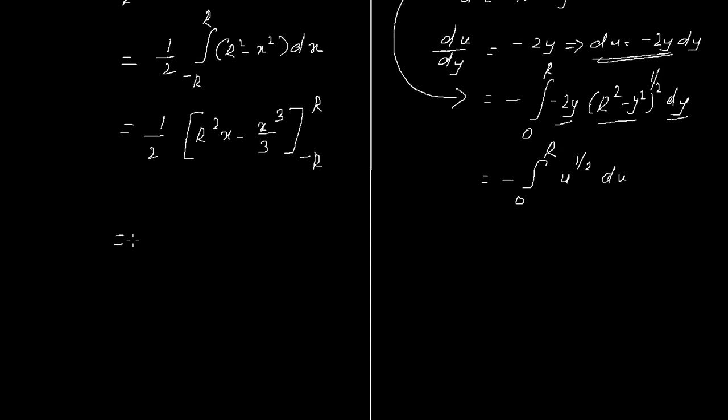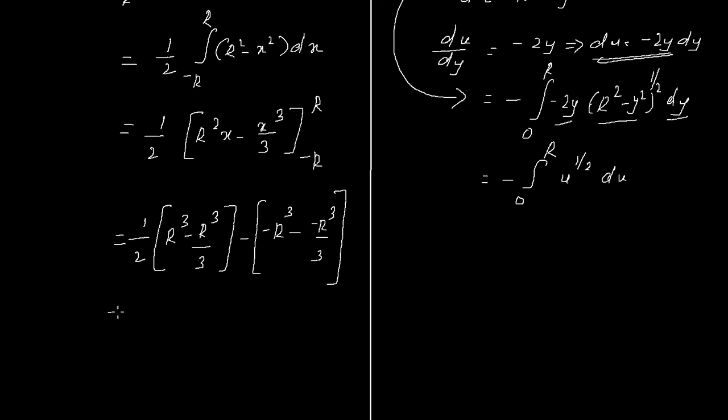Now here you have 1 by 2, first applying the upper limit, that is r cube minus r cube by 3 minus r squared into minus r, that is minus r cube, minus r whole cube, that is again minus r cube by 3.